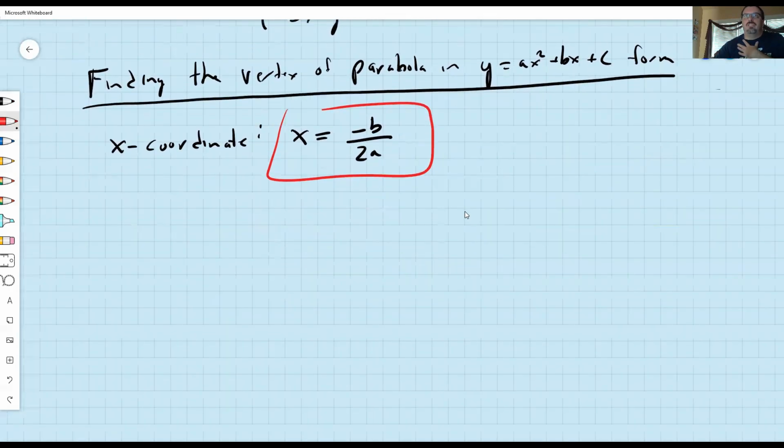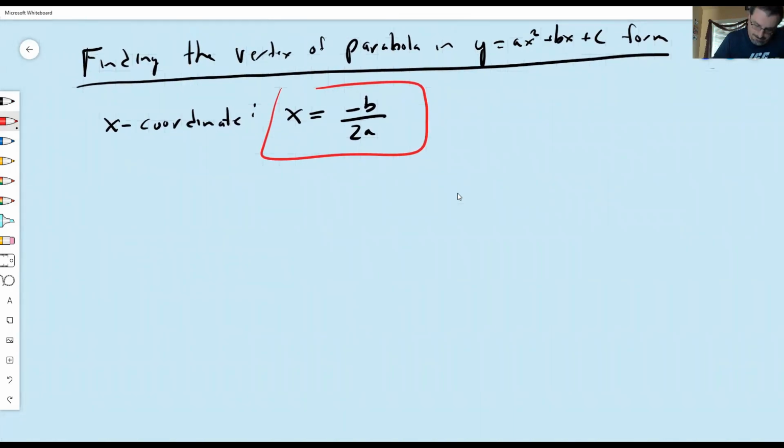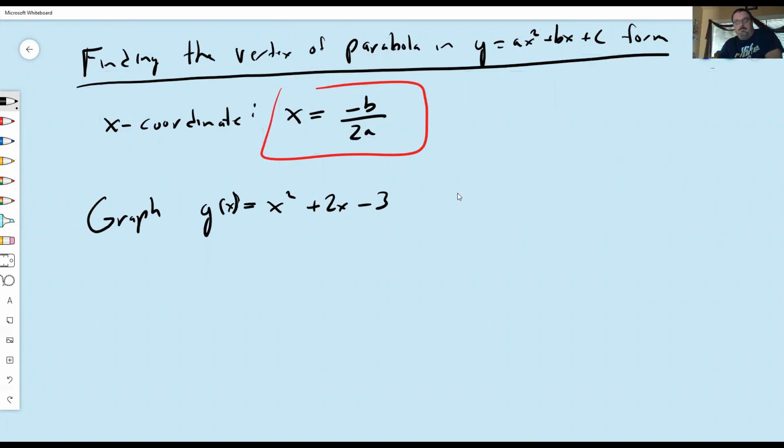All right, let's do an example. Let's graph g of x equals x squared plus 2x minus 3. So, first thing, what is a?